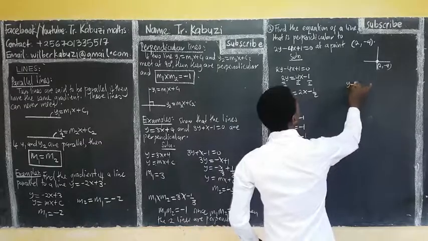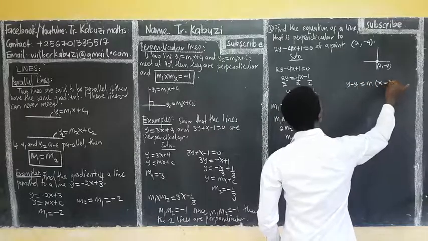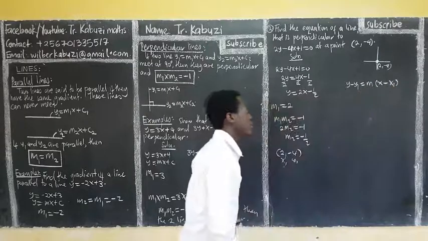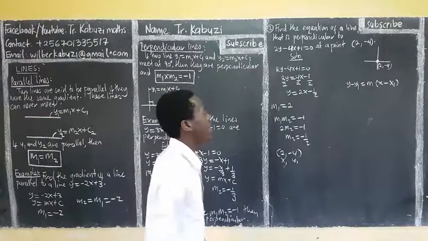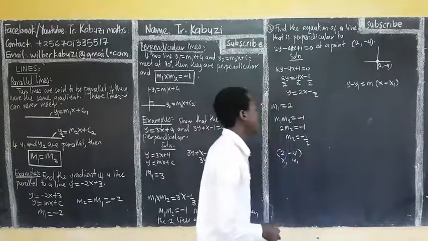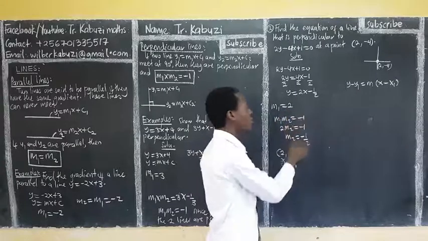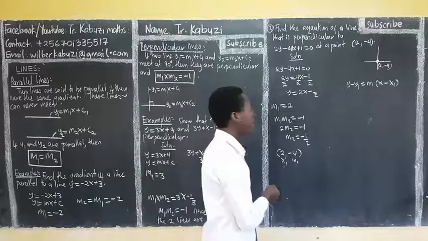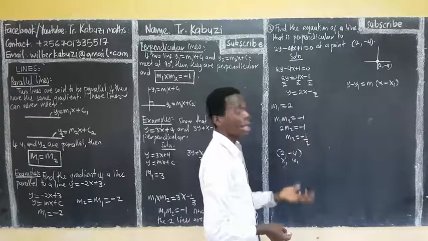The equation of a line is given in this form, where x1 and y1 are the coordinates of a point where that line passes, and m is the gradient. But I don't really use this method here. If you have m1, to get m2 you get the reciprocal of this and multiply it by negative 1. The reciprocal of 2 is 1/2, times negative 1. That's why you will have that.